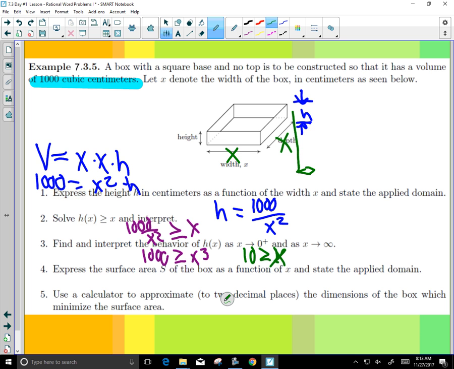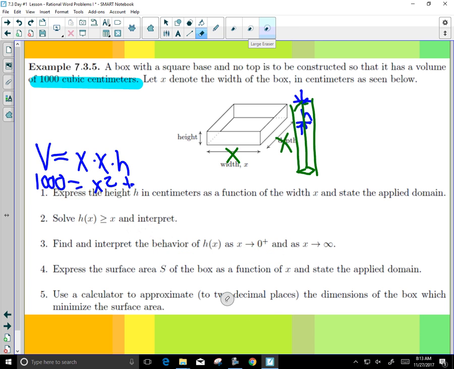Yeah, it's going to get taller and taller. So we would say for this part, as x goes to 0 on the plus side, the height goes to infinity. What if x goes to infinity? What's the height going to do? Shrink. And then the height goes to 0.